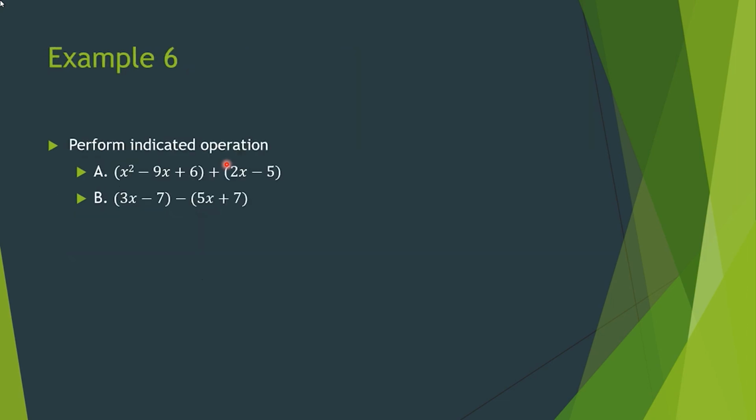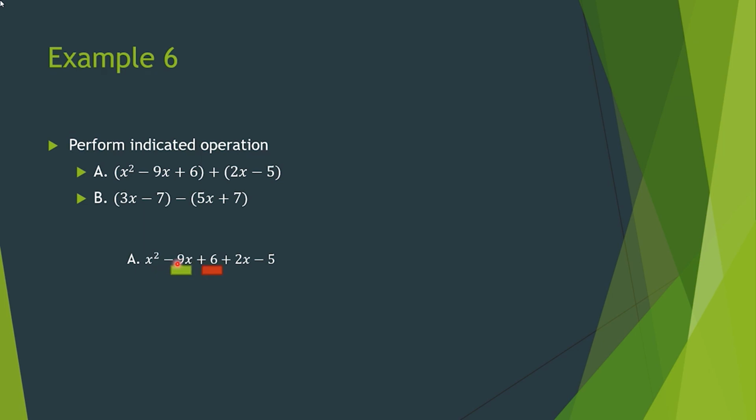So let's go over addition and subtraction first. So I'm going to rewrite that first one. Now I can just drop the parentheses when it's a plus sign. And then what I want to do is combine like terms. So I'm going to combine the x's.